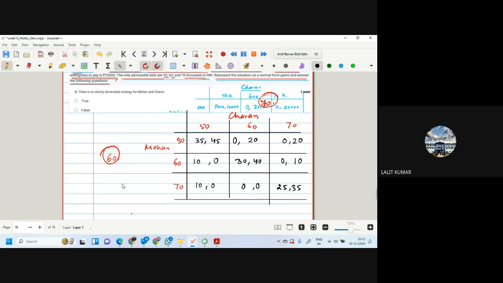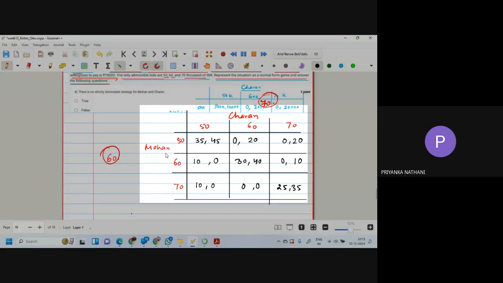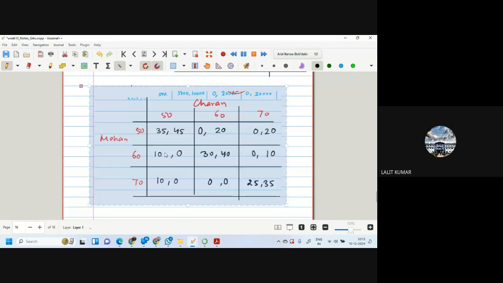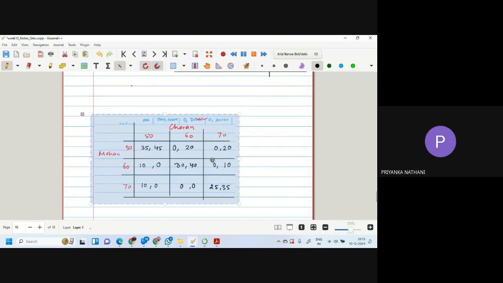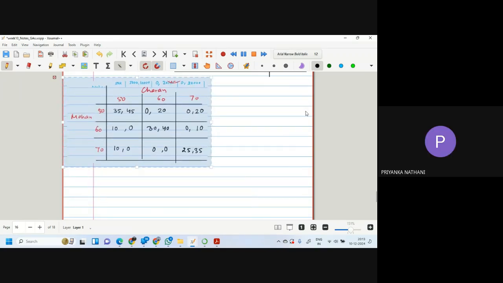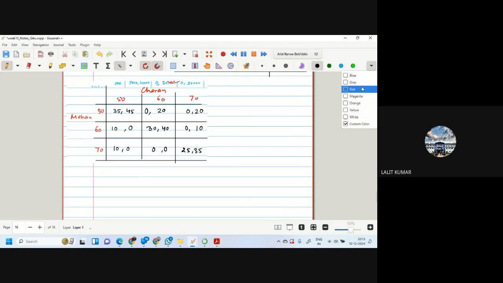Now the first question they have asked: there is no strictly dominated strategy for Mohan and Charan. So let's check for Mohan and Charan. How do we check it? The same way we used to do before. When we are checking for Mohan, we check only for Mohan, row wise.